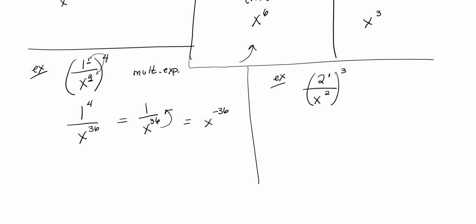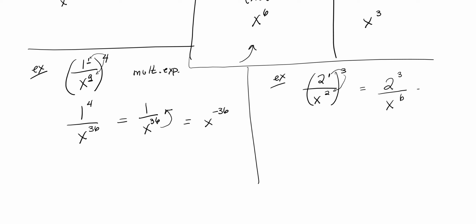Then I'm going to use the distributive property to get rid of parentheses. You probably have done that with distributing in linear equations and various other things. It's very, very similar with exponents. So I'm going to say 3 times 1. That's going to give me a base of 2 and an exponent of 3. And now I'm going to say 3 times 2. So this is going to be a base of x and an exponent of 3 times 2, which is 6.